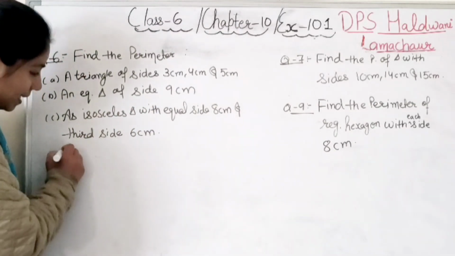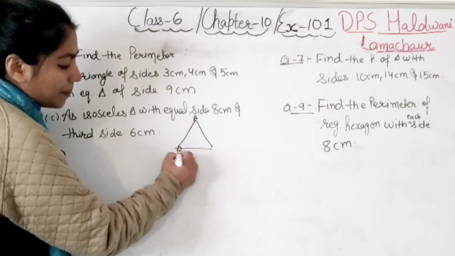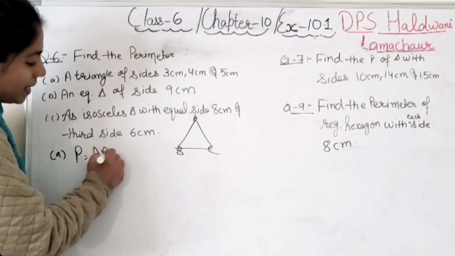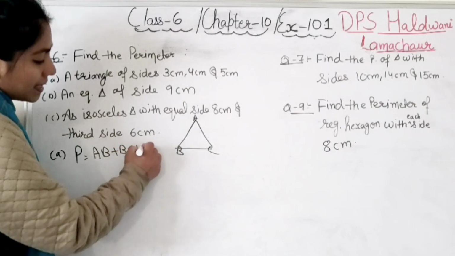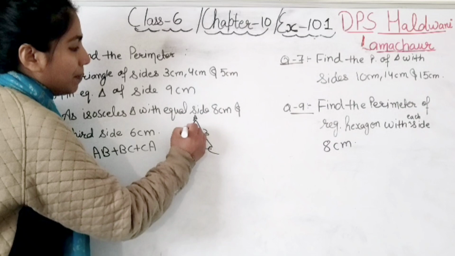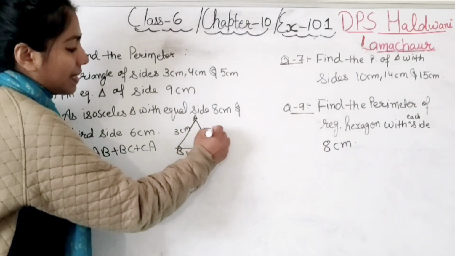So the very first, A part, if the triangle is this, A, B, C. Right? So the perimeter will be AB plus BC plus CA. Right, student? AB you can say 3 cm, BC 4 cm and CA 5 cm.